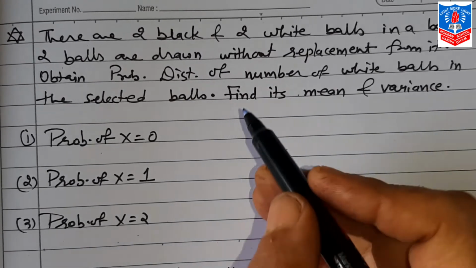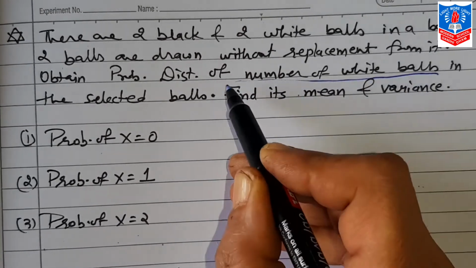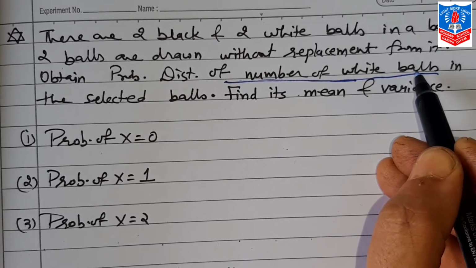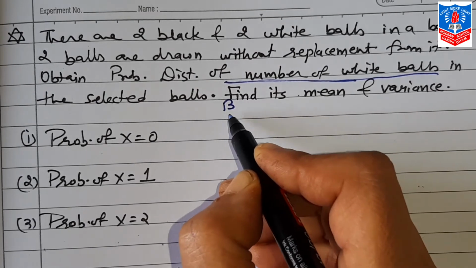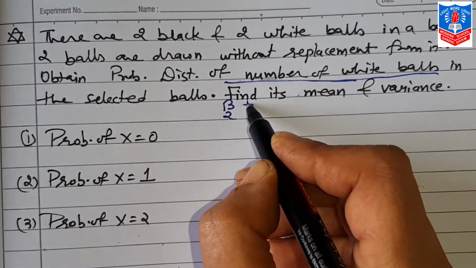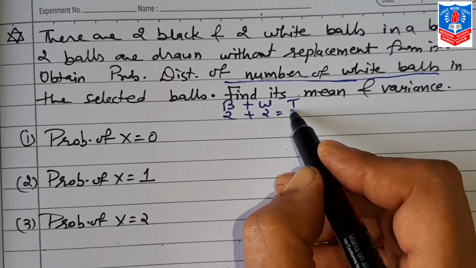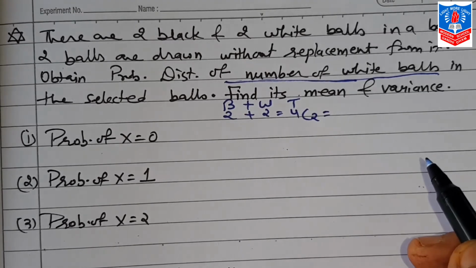Now here you can see it is given x is number of white balls. First of all it is given total 2 black balls and 2 white balls. So total are 4. Now from this 4, 2 balls are drawn at random.